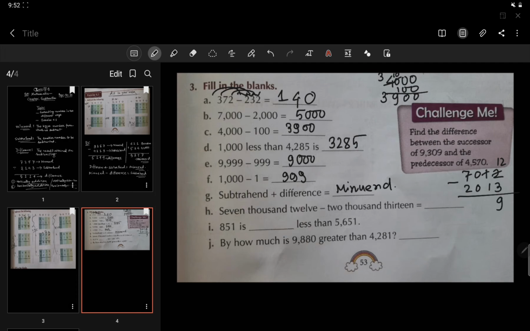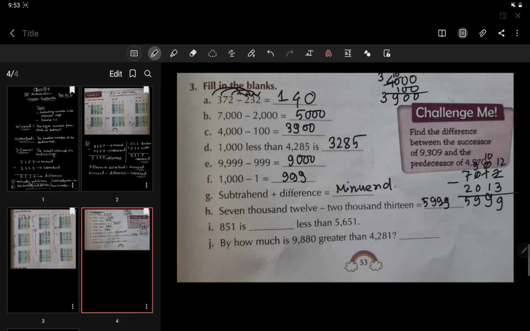Since you have already borrowed from the tens place, it will be 0, and you know the subtrahend is bigger, so you have to borrow 1 here, so it will be 10, and 10 minus 1 is 9. Since you have already borrowed from the ones place, it will be 9. So 9 minus 0 is 9, and 7 minus 2 is 5. Clear? So the answer will be 5999.